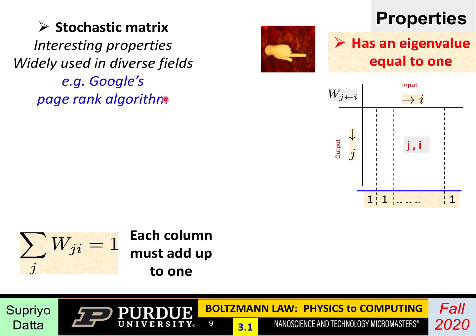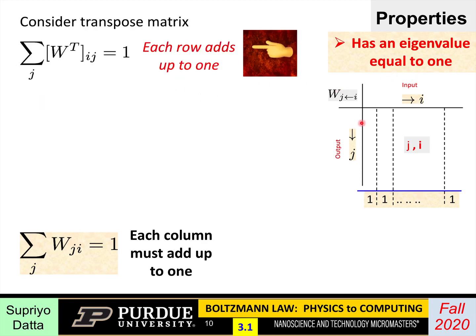This is a huge matrix, say 2 to the power n by 2 to the power n, so it has 2 to the power n eigenvalues. But one of these, actually the largest one, the one with the highest magnitude, is equal to 1. Now, how do I show that?